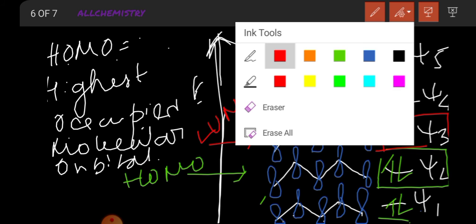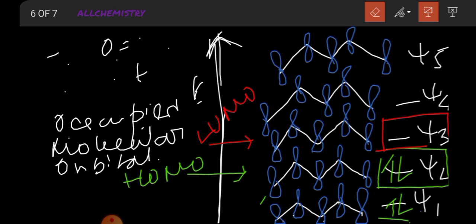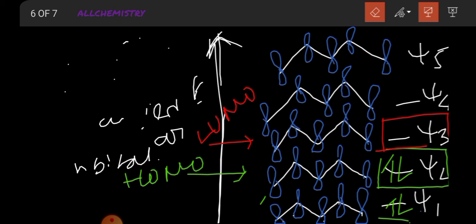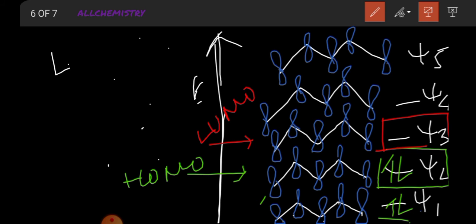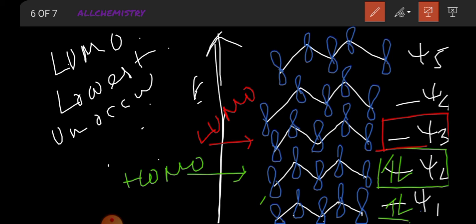LUMO means lowest unoccupied molecular orbital.